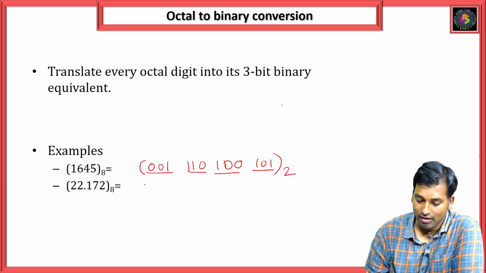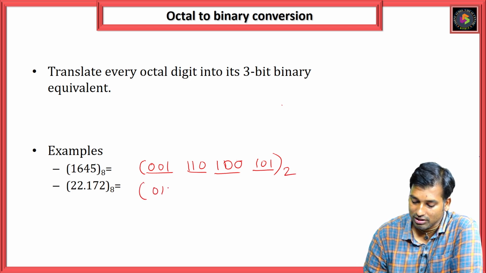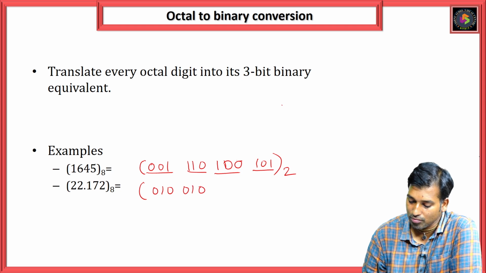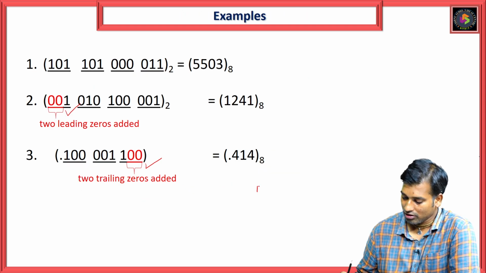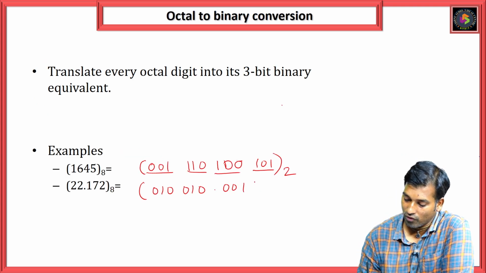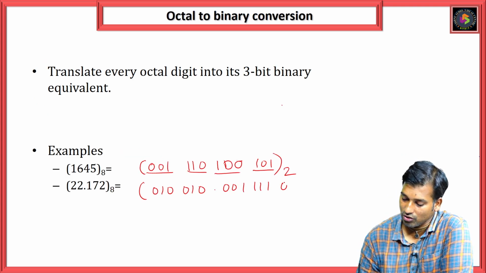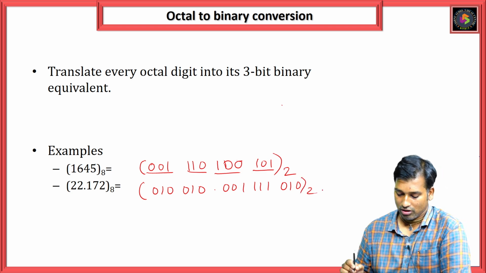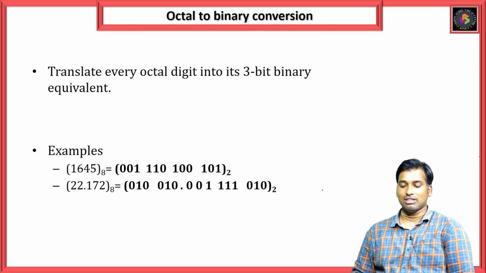Similarly, 2 is represented as 010, 0 is 000, then the dot, 1 is 001, 7 is 111, 2 is 010, base 2. This is how it is represented.